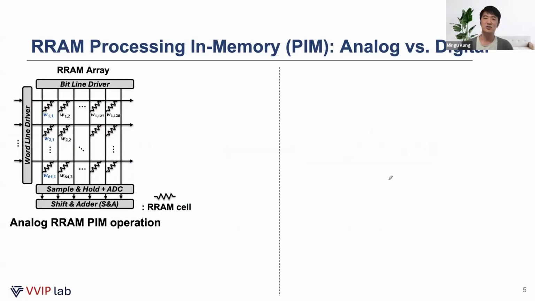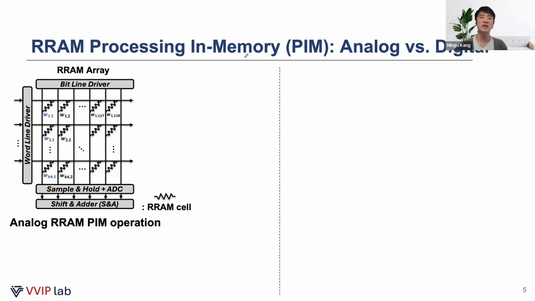Before I jump into the detail, let me briefly provide the necessary background regarding non-volatile memory-based PIM operation. Here I'm going to use ReRAM, resistive RAM, but it doesn't necessarily need to be ReRAM. It can be PCM or any type of non-volatile memory.